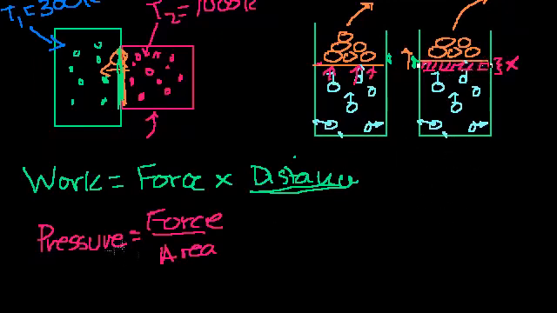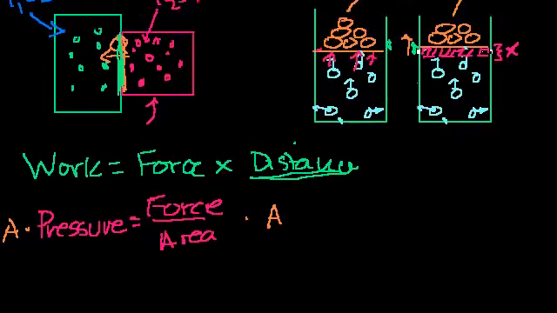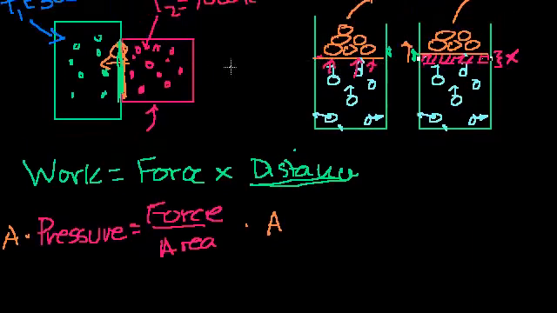So what is the force that pushed it up? Well, the pressure is force per area. So if we want to know the force, we have to multiply pressure times area. If we multiply both sides of this by area, we get force. So we're essentially saying the area of this little ceiling of the container. I could draw it with some depth, but I think you know what I'm talking about.